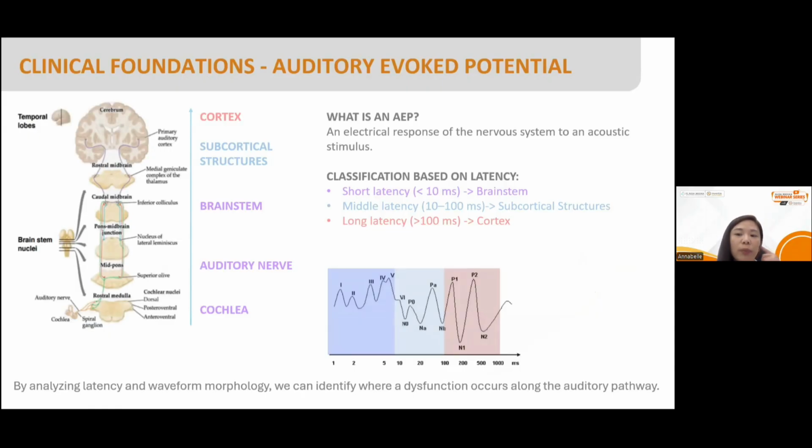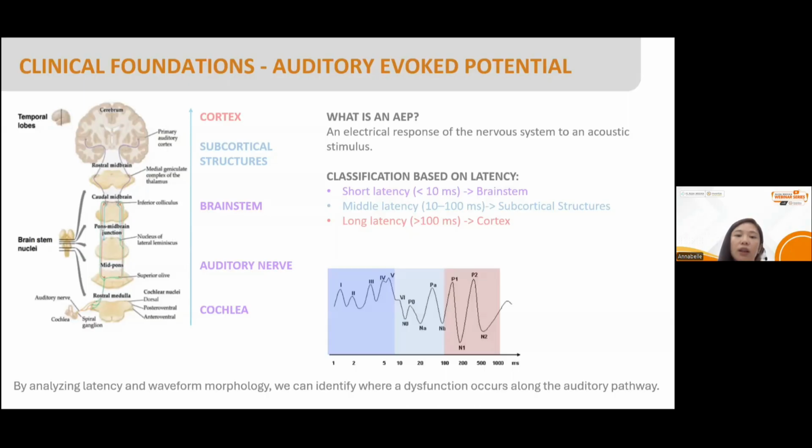When we do pure tone audiometry, the beep goes through the outer ear, the middle ear, the inner ear, then your nerves and your brain, and you know that you hear the beep sound in your brain, and then you press the button as the response to what you're hearing.